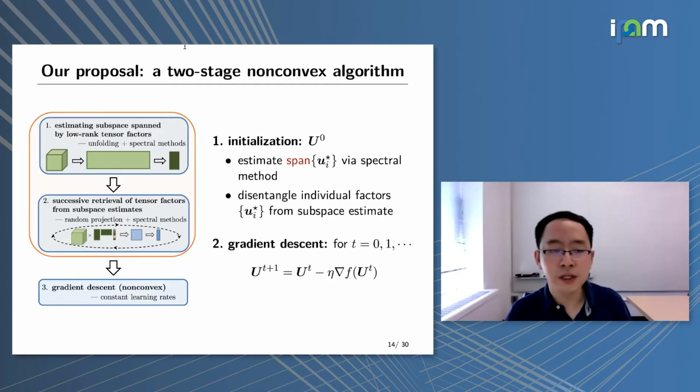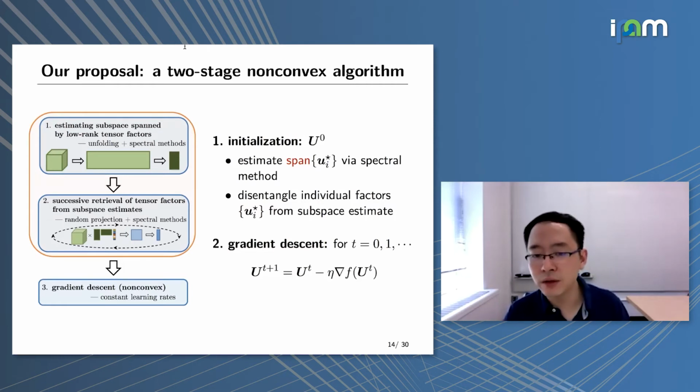Again, in contrast to the matrix case, initialization turns out to be a crucial part for the tensor case. Very informally, the initialization part has two substages. In the first substage, I try to estimate the subspace spanned by all the tensor factors. So rather than the individual factors, in the first step I try to estimate only the subspace.